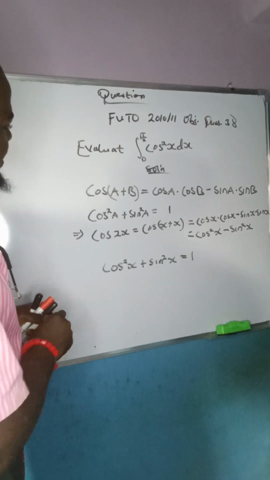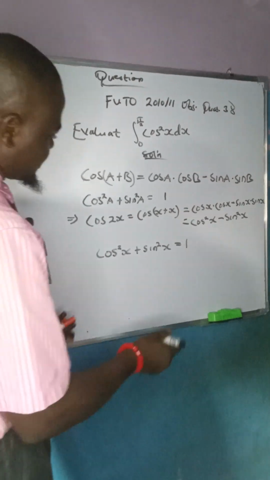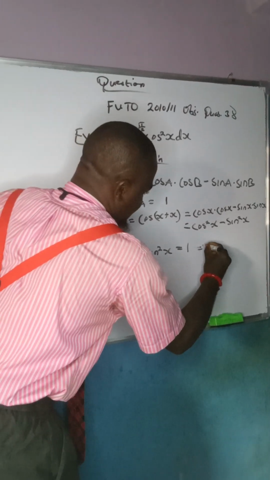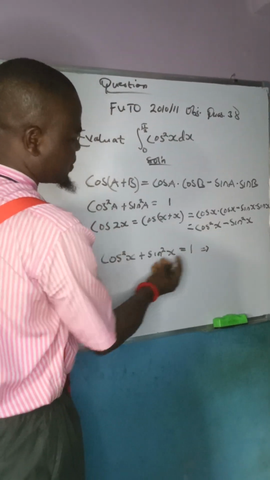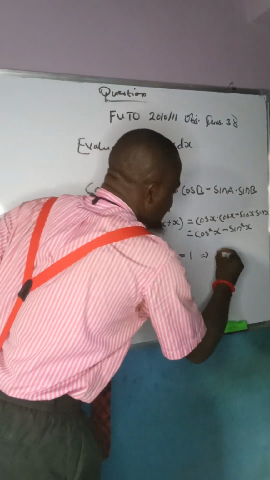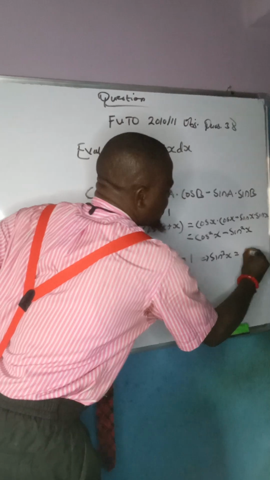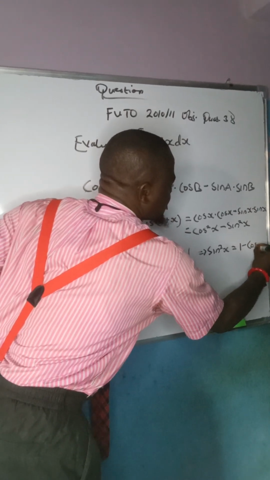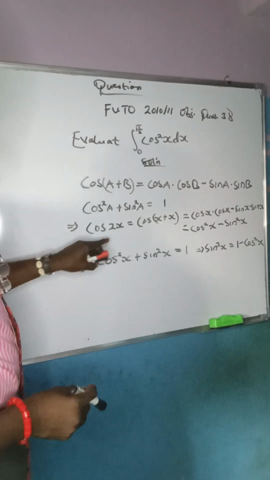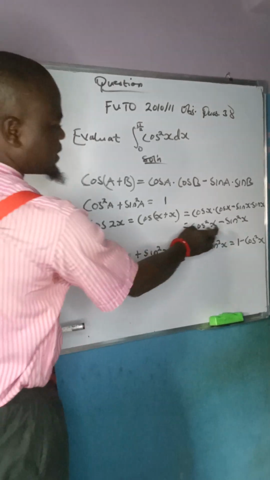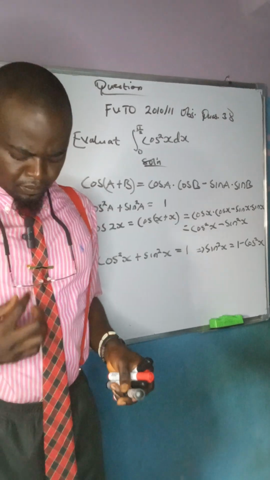So if I have something like this and I'm working on it, it implies that since I'm working with cos, I'll change everything to cos, so I'll make this the subject of formula. It implies that my sin squared x will now be 1 minus cos squared x. So I'll now go to my cos 2x, which is this, and I'll substitute the value of this sin squared x so that everything can be cos for me to solve.